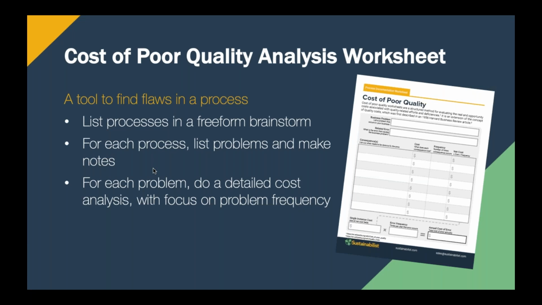The idea of this is to really quantify how a problem has affected your business over the past year. The idea behind this is to look at a specific rework problem.